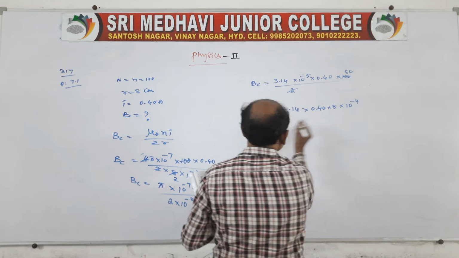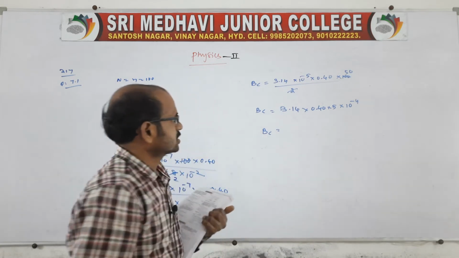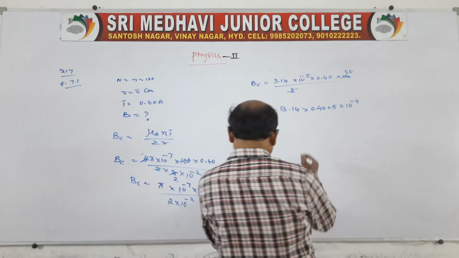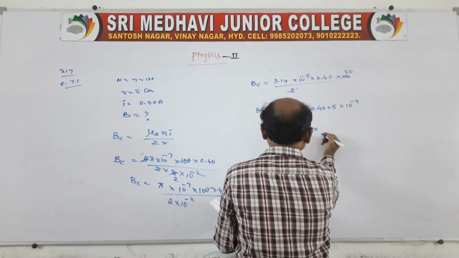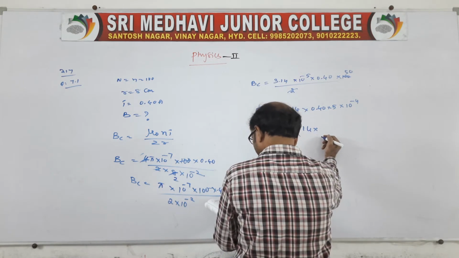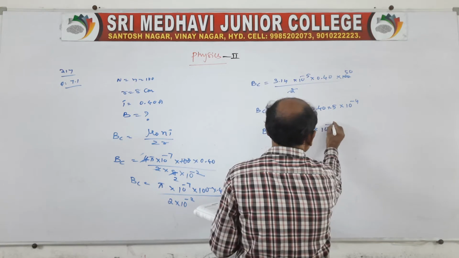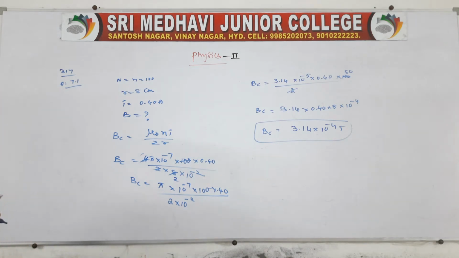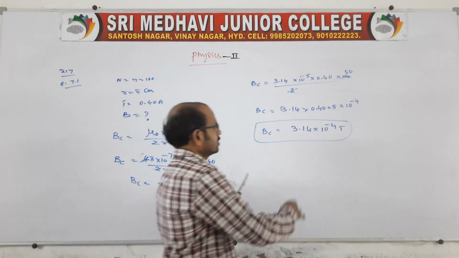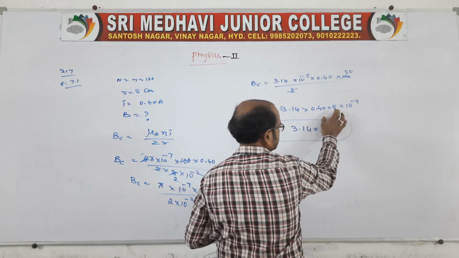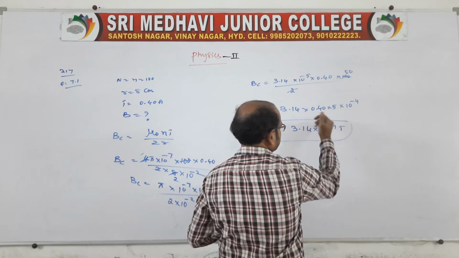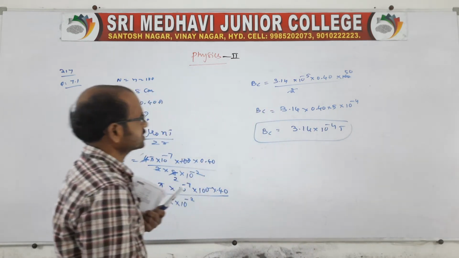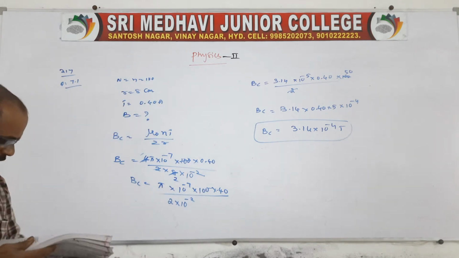If you simplify this, the approximate value is 3.14 into 10 power minus 4 Tesla. 4 5s are 20, right? Because 0.4 into 5 is 2, so maybe approximately the answer is 3.14 into 10 power minus 4 Tesla.